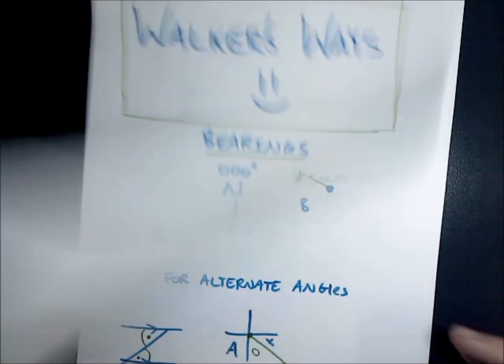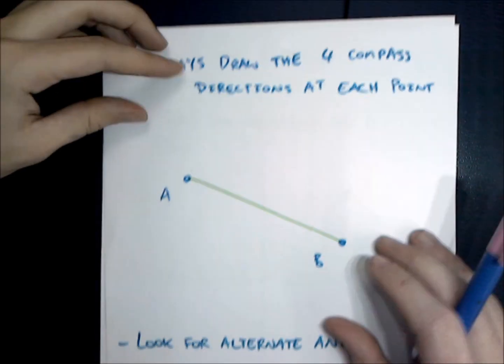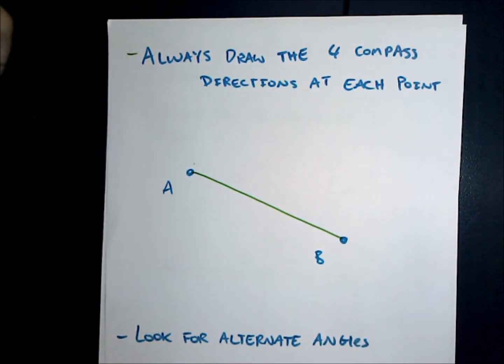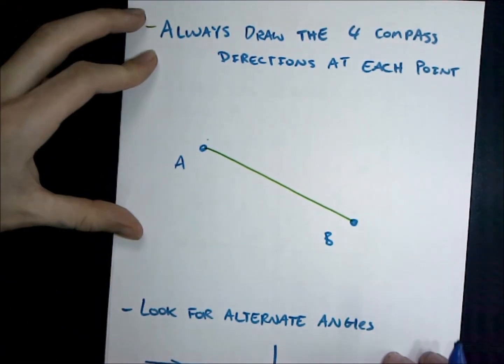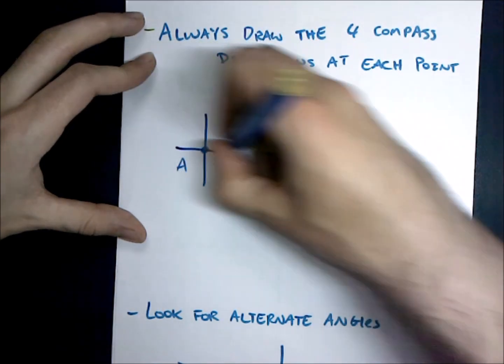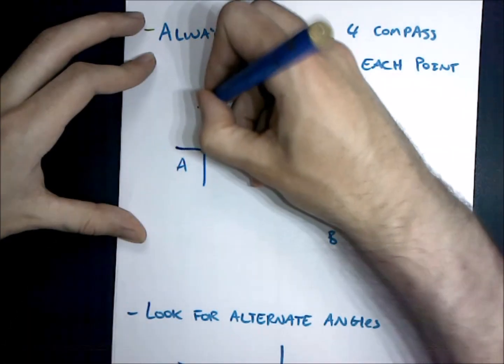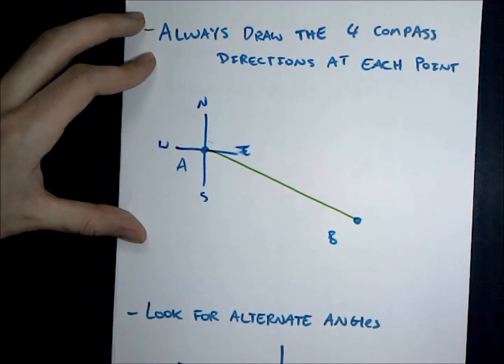Now, there's a couple of tips. First, you need to draw the 4 compass directions at each point. It could be where you started, where you stopped, or a place you visited in between. Most of the time you're only going to be doing 2 points, but sometimes 3 or 4. So first thing you want to do for all these questions is draw in your compass, with your north, south, east, and west.